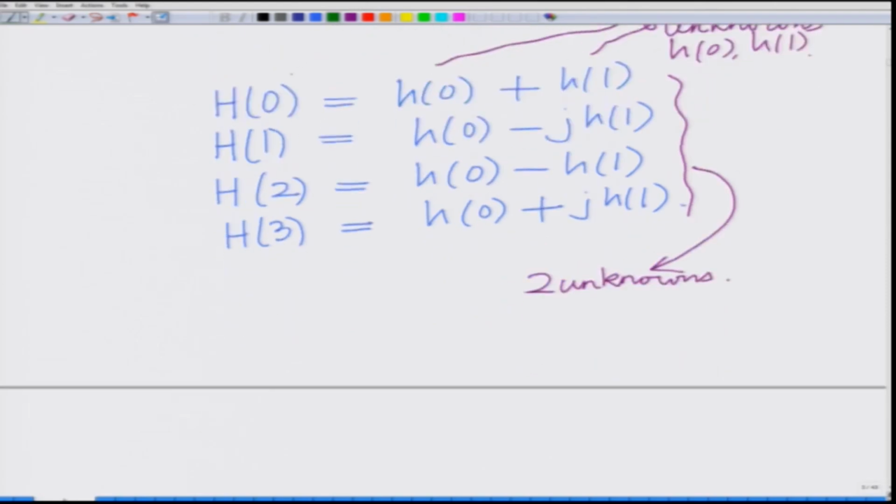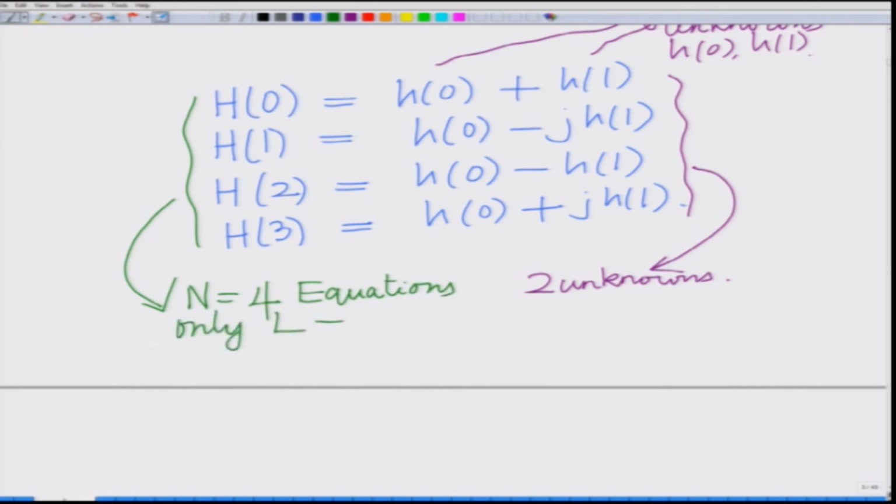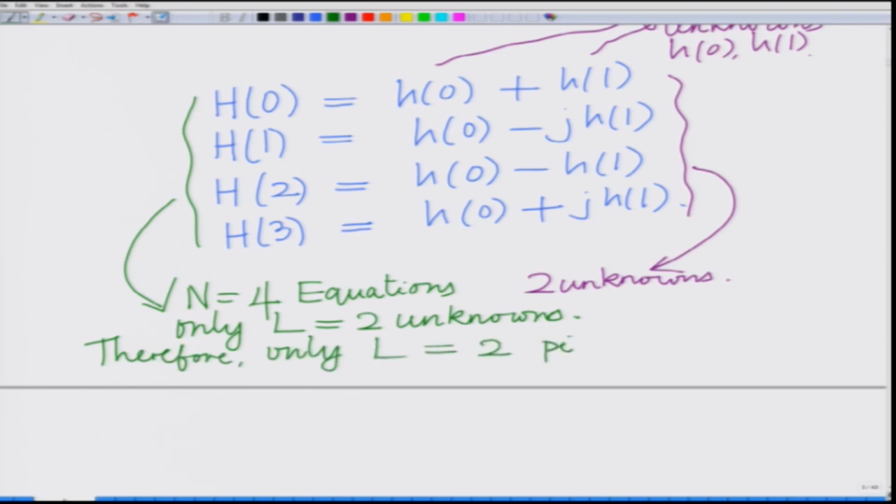There is redundancy, because there are N equal to 4 equations but only L equal to 2 unknowns. Therefore, only L equal to 2 pilot symbols are needed.